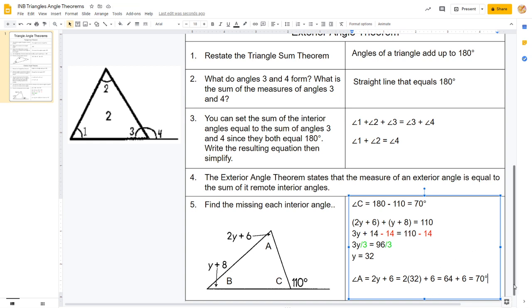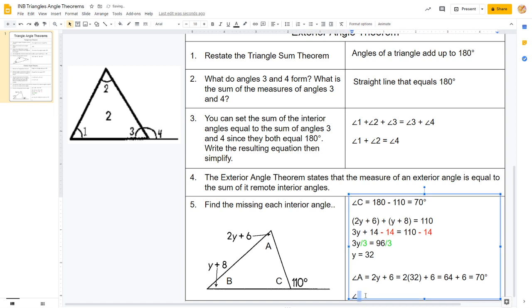Next one is angle B. I do the same thing, but I use B's formula, which is y plus 8, y being 32 plus 8 is 40.